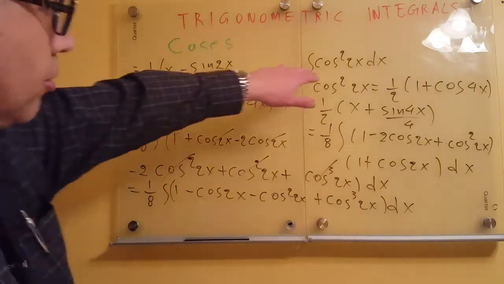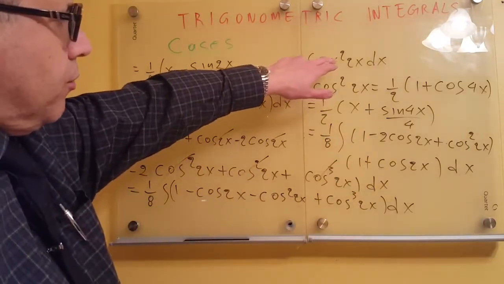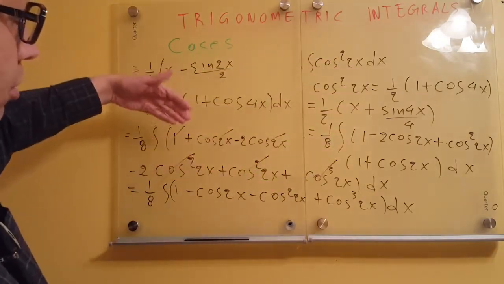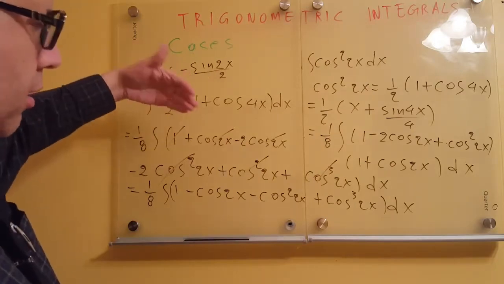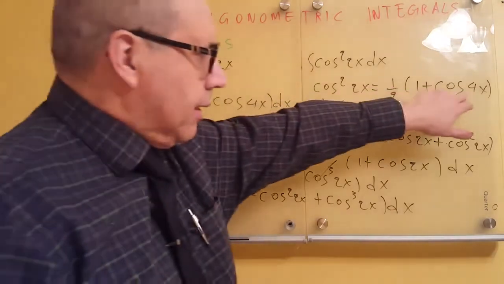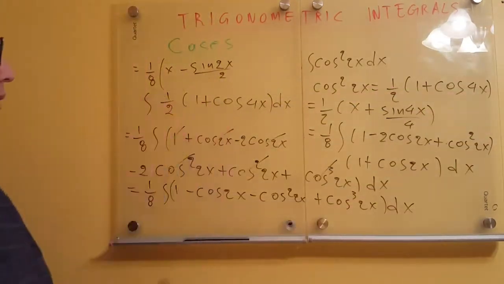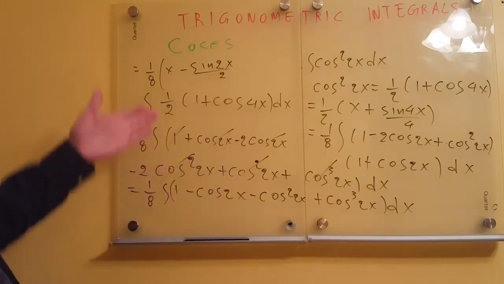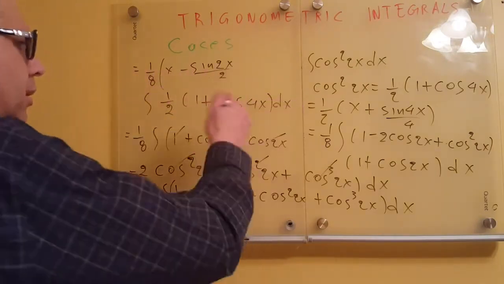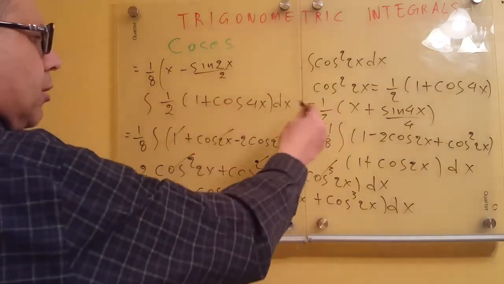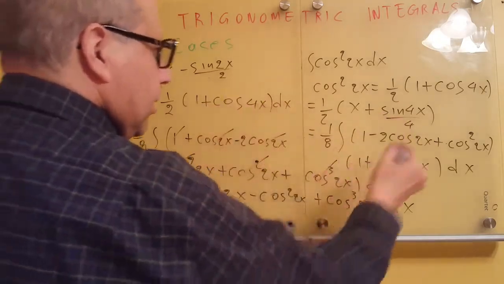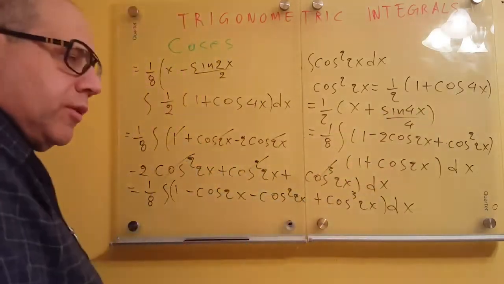So again, in order to find the integral of cos square of 2x, I use the double angle again. So that means that I have to write this like this, and then I find the integral. I take the 1/2 outside, the integral of 1 is x, and the integral of this here, it's sine 4x over 4.